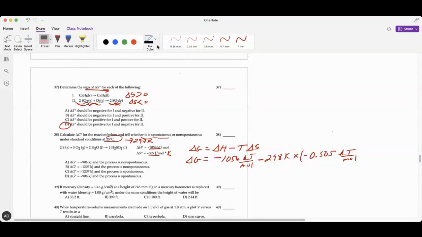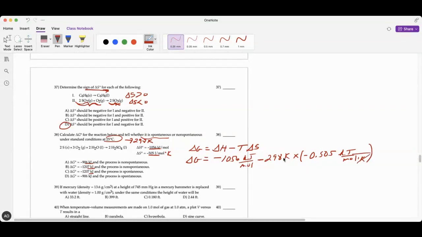Okay, so I'd just multiply the negative 1056 by 1,000 to get it into joules. The only reason I'm putting delta S into kilojoules is because the answer is in kilojoules. So these units have to agree.